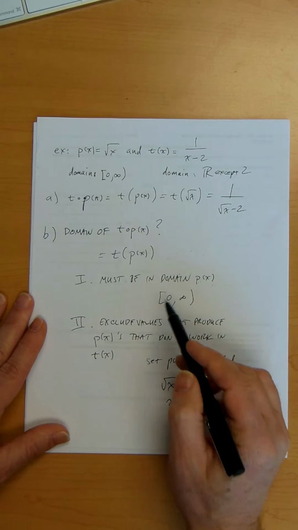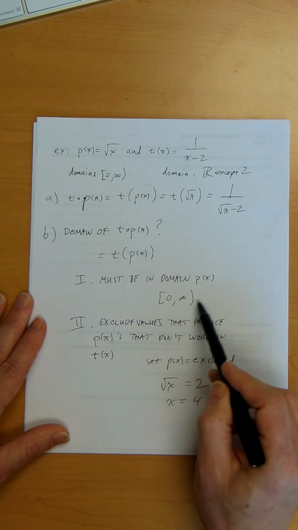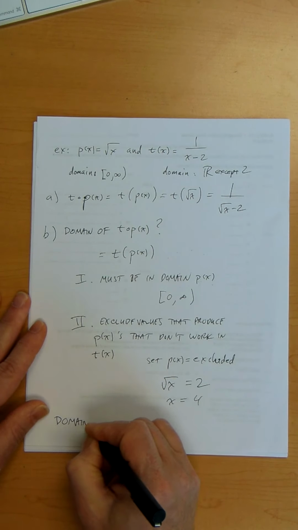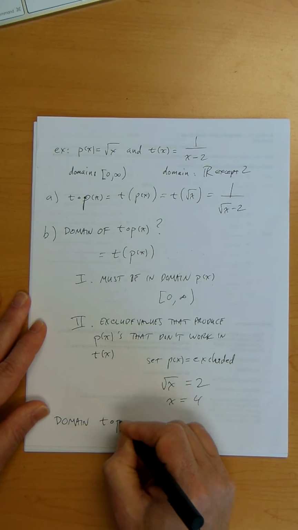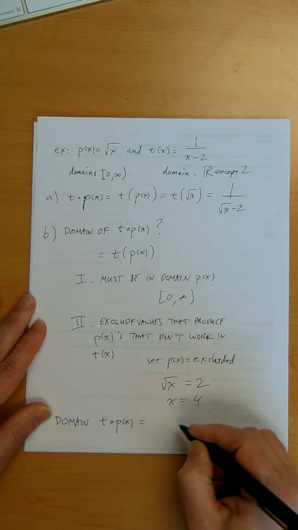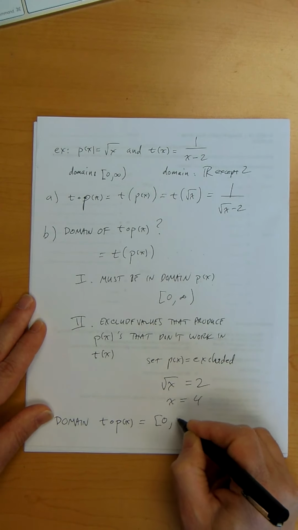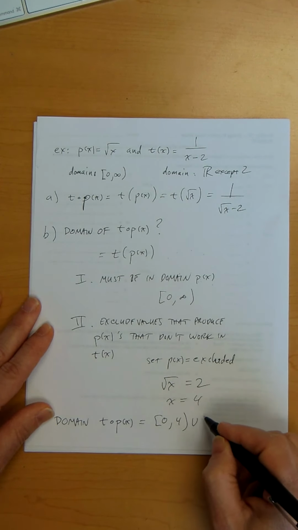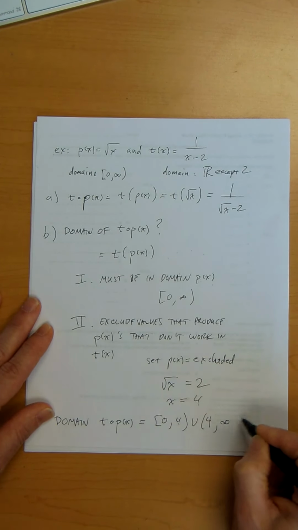So my domain is going to be all of these guys, not including 4. So the domain of t composed with p of x is equal to everything from 0 up to 4, excluding 4, and I'll use a union symbol, plus everything from 4 to infinity.